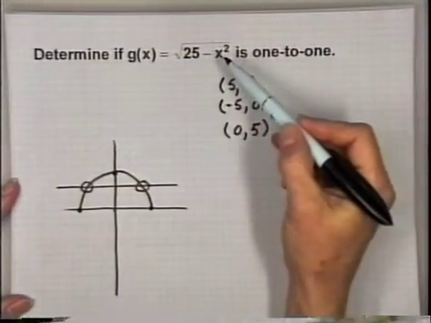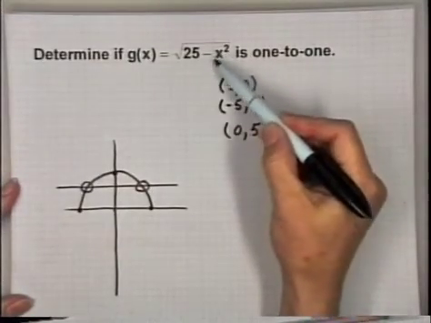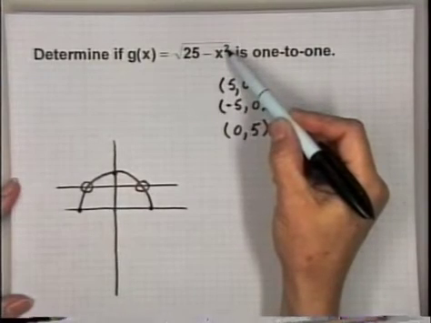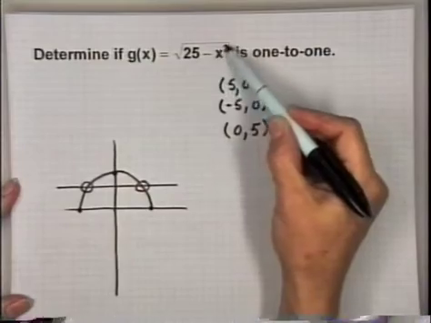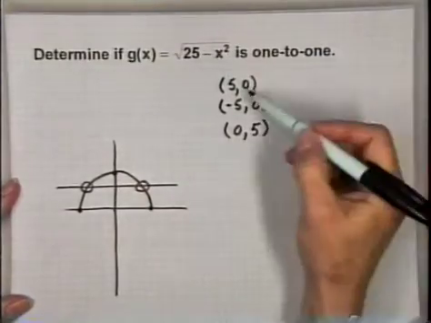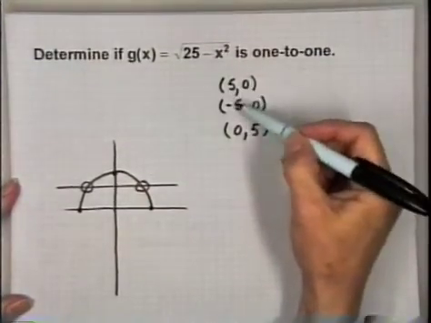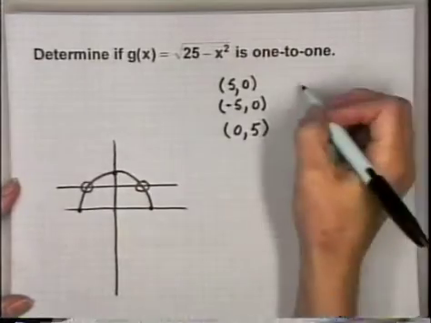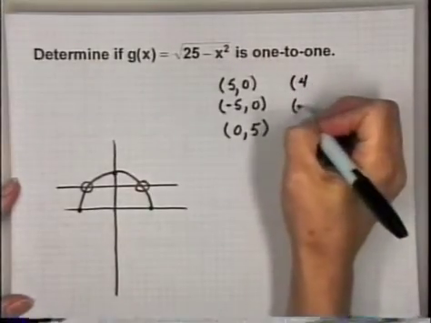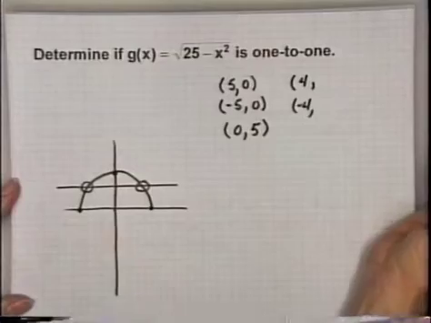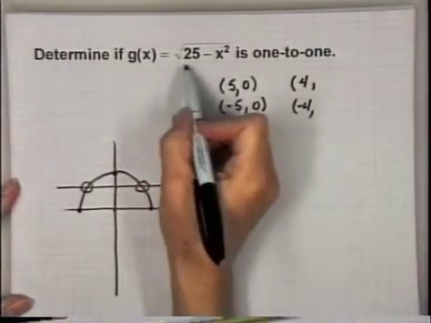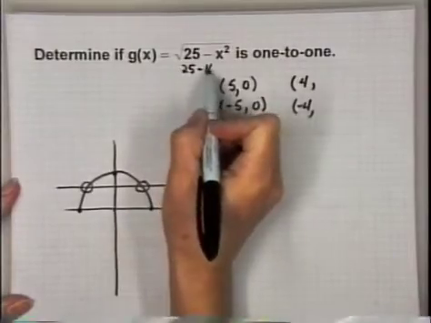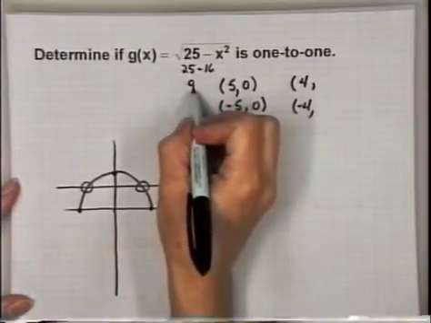Recall also your tests of symmetry. Notice here, since x is being squared, if we replace x with negative x, we're going to get the same value that we would have for positive x as indicated here, right? Notice if I choose x equals 4 or x equals negative 4, when I square either 4 or negative 4, I get 16. 25 subtract 16 is 9, isn't it?